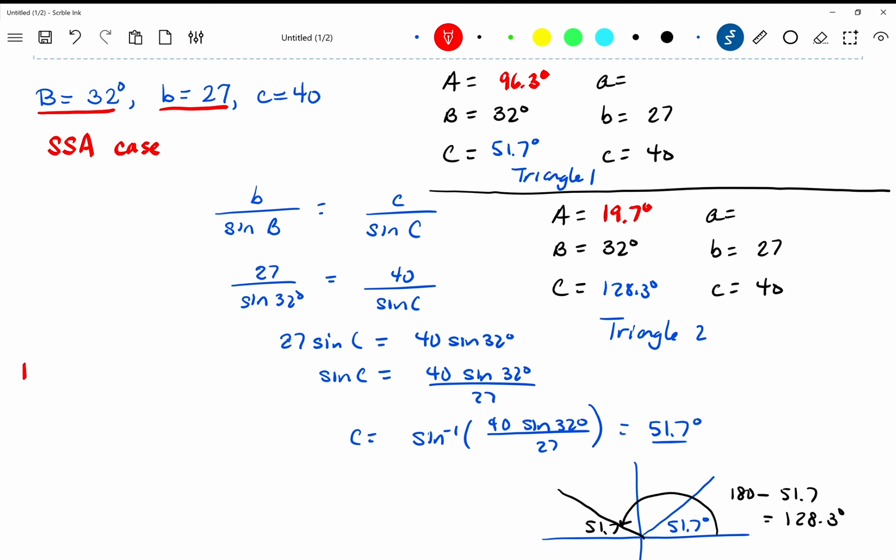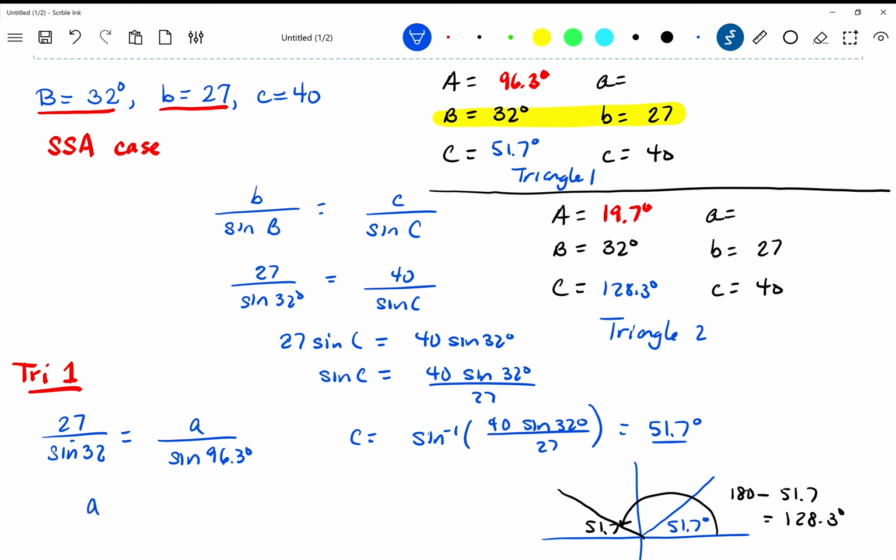So I'm going to label these triangle 1. Just to keep things simple, I'm going to use the given ratio, the given angle versus side. So 27 over sine 32 degrees is equal to A over sine 96.3 degrees.